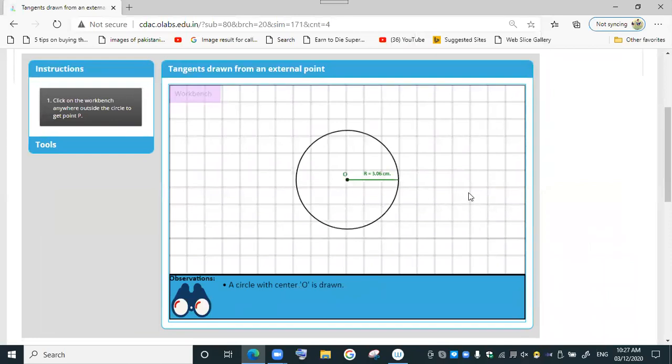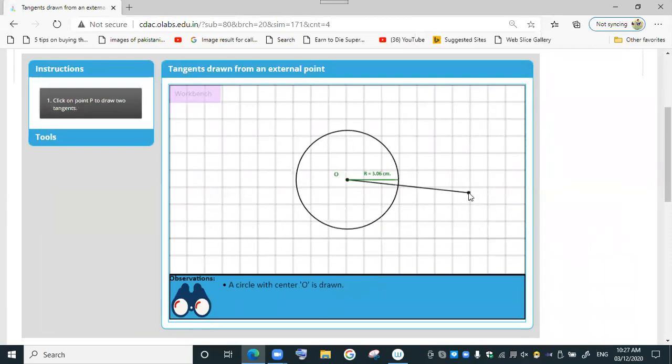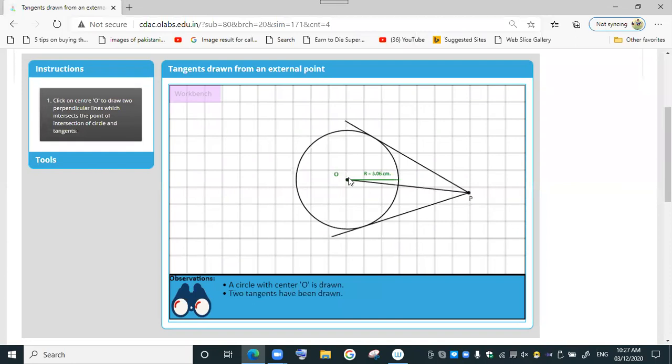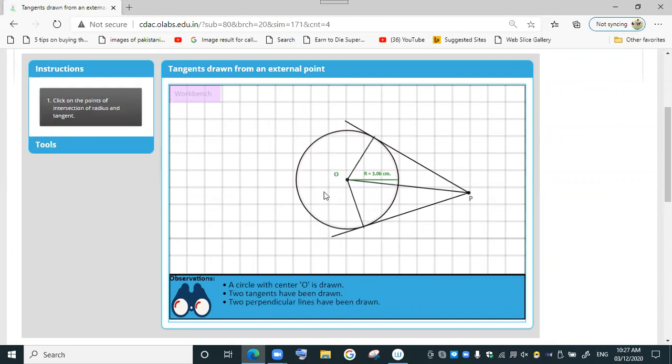Draw a circle. Take any point. Again, click on the point to draw two tangents. Come on to this point O, click it, then click here where the radius and tangent intersect, A here also.